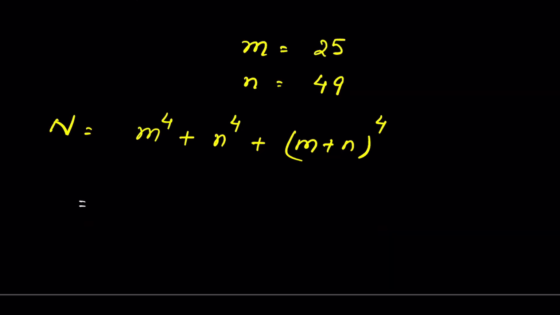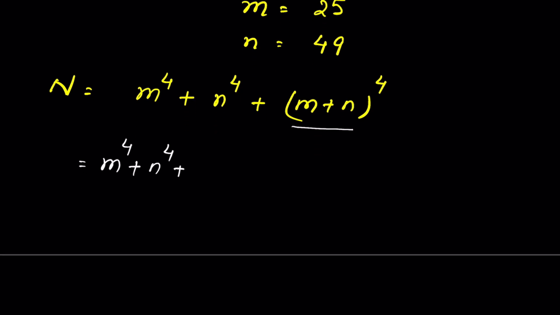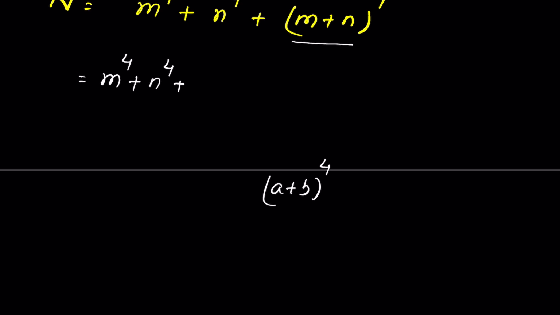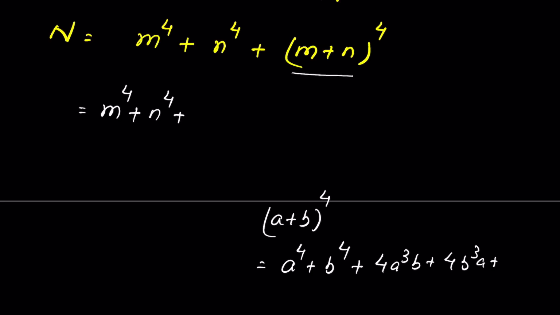Now m to the power 4 plus n to the power 4 plus, this is in the form of a plus b whole raised to the power 4, and this is equal to a to the power 4 plus b to the power 4 plus 4a cube b plus 4b cube a plus 6a square b square.